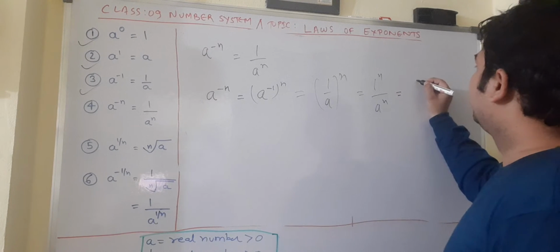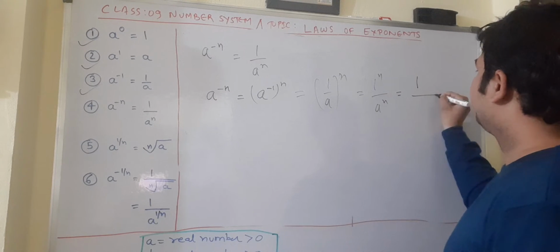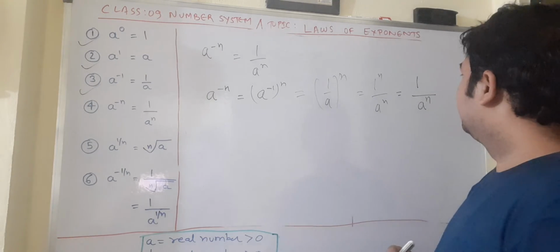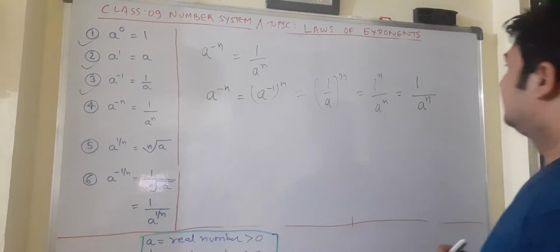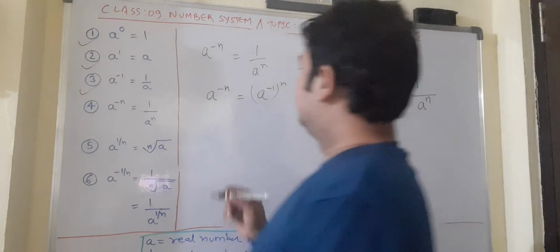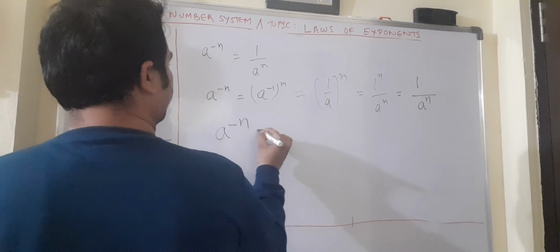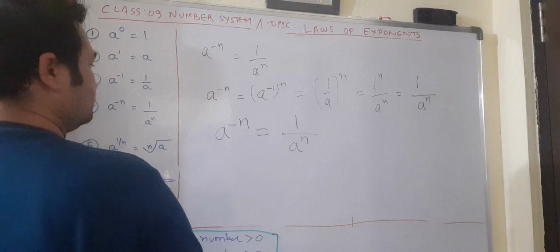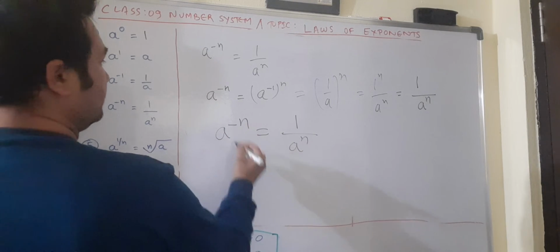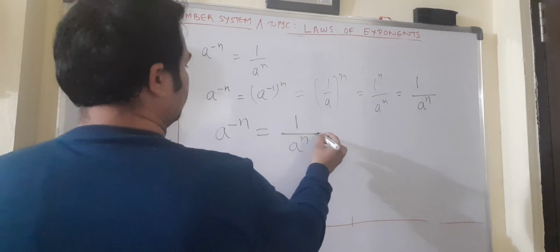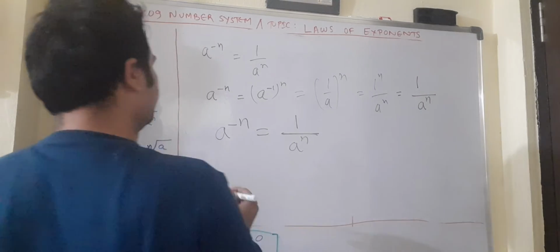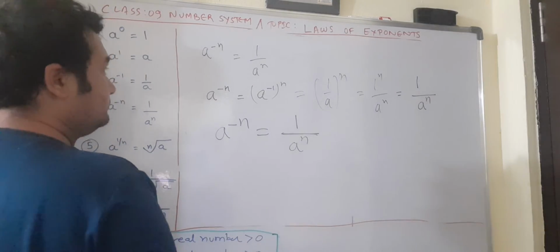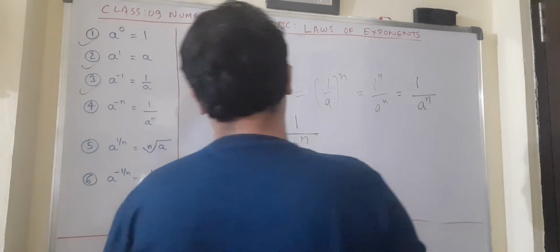So 1 raised to the power n will be 1 only, and a raised to the power n stays as it is. So we have a raised to the power minus n equals 1 by a to the power n. This minus sign is only for making the reciprocal, and this power n will remain the power of a. Clear?